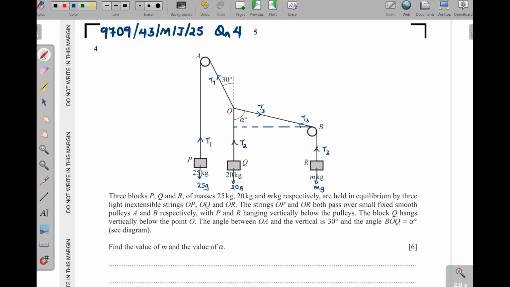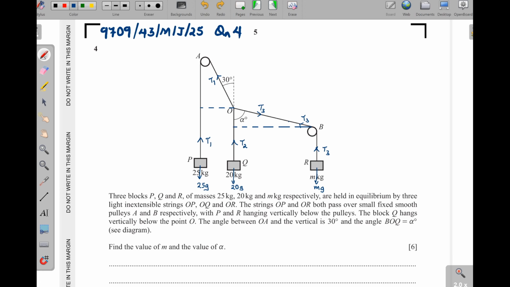And then we resolve. The same thing I'll do here, make it dotted, just like that. Since this one is the angle, I'm going to take this line here.